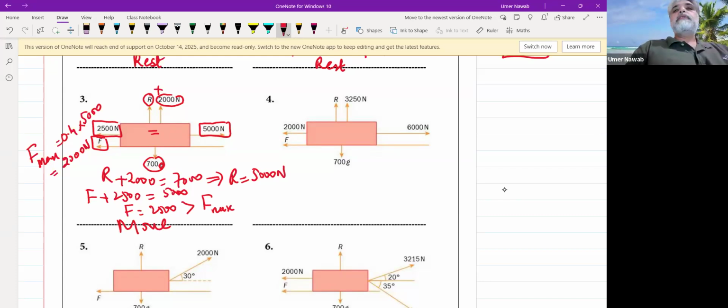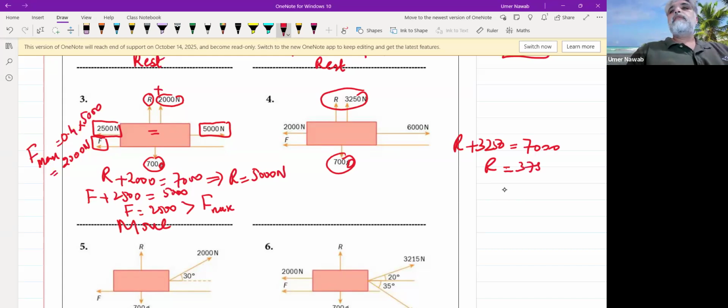In the fourth case, you can see the equation is changed. Now, R plus 3,250 is equal to 7,000. So R will be equal to 3,750 newtons. Now, first try to get your F. F plus 2,000 is equal to 6,000, and F comes to you as 4,000.